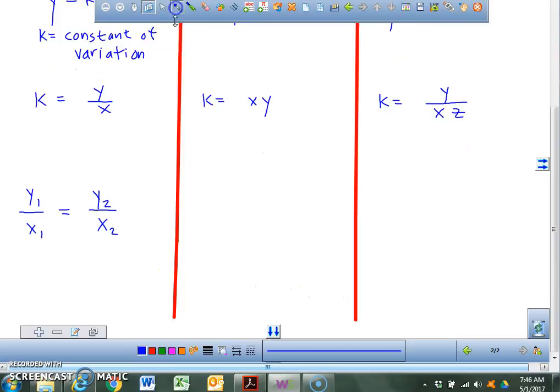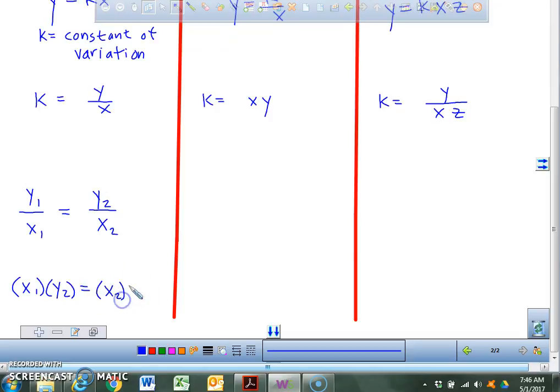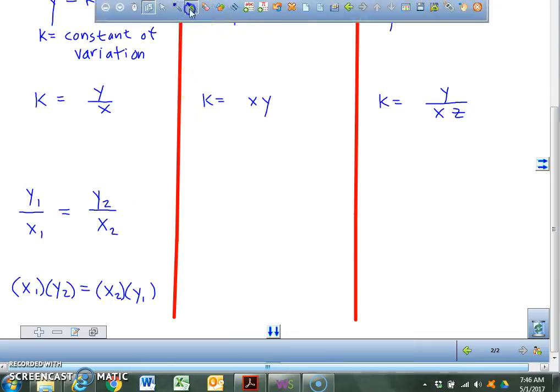So if you wanted to, you could say x1 times y2 will equal x2 times y1, when you eventually set things up and you use their cross products. Okay? So just remember that.